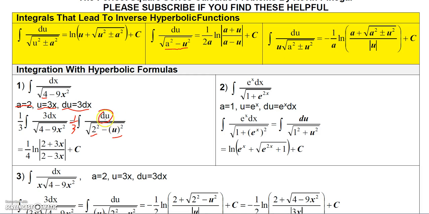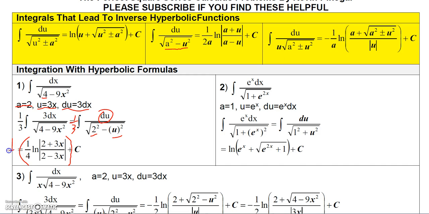Okay, so this integral would be 1 over 2a, so that would be 1 over 2 times 2, because a is 2, so that would be 1/4, times the natural log of a plus u. Well, since a is 2 and u is 3x, we would have 2 plus 3x here, and then over a minus u, so that would be 2 minus 3x there. Now if I bring the 1/3 in, I've got to actually multiply all this by 1/3.